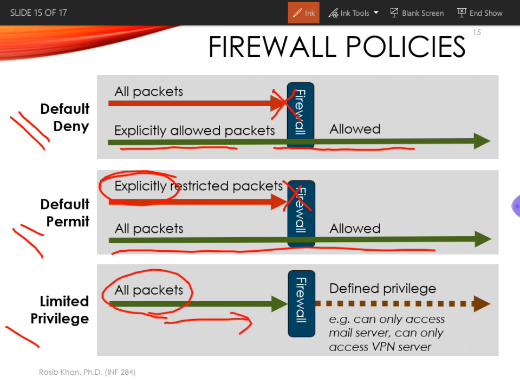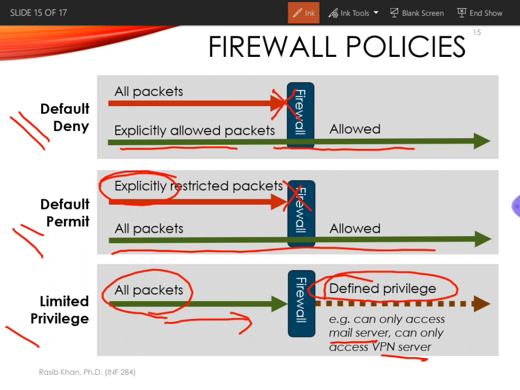are incoming into the firewall, we will look into the packet and define the allowed level of action that it can have. For example, this particular packet or this connection can only access the mail server or can only access the VPN server, etc. Alternatively, we can say that if any packet is originating from a given IP, we cannot allow it to this particular subnet, which is our most secure part of the network, and you are not allowed to access it from outside of the private network.